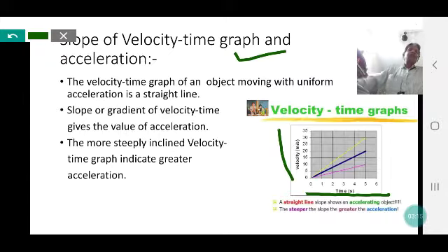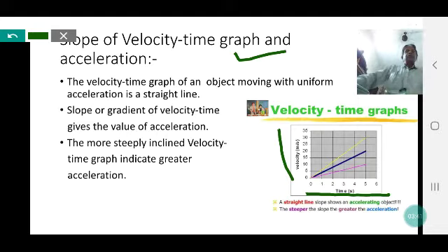If the object is moving with uniform acceleration, then the change in velocity in equal intervals of time is the same. That is called uniform acceleration. Then the velocity time graph plotted would be a straight line, so the object is moving with uniform acceleration.